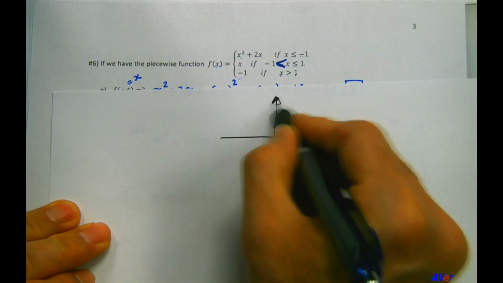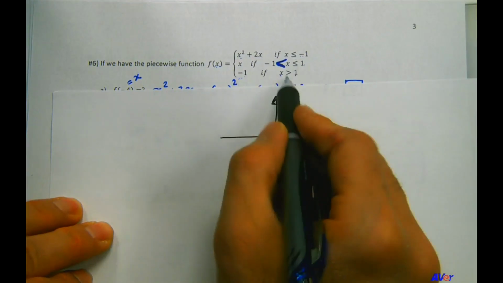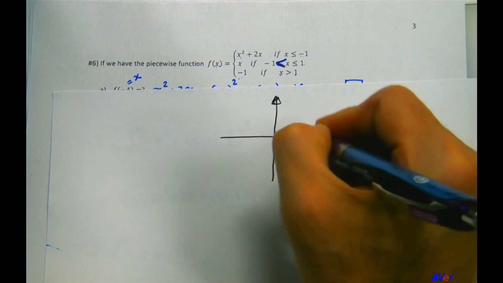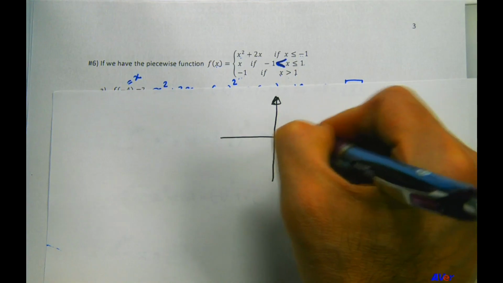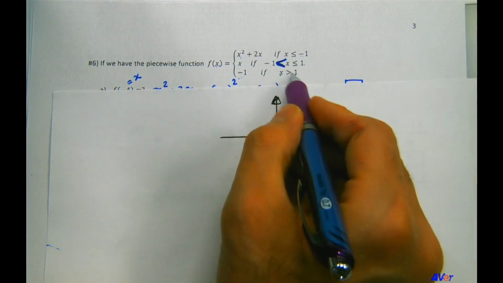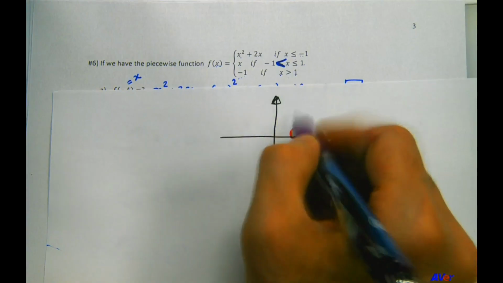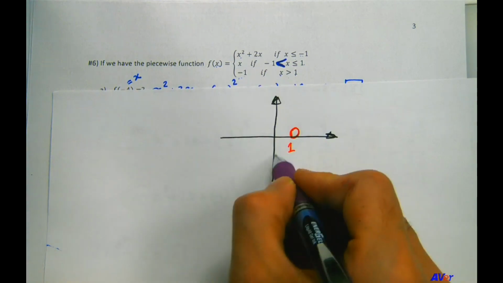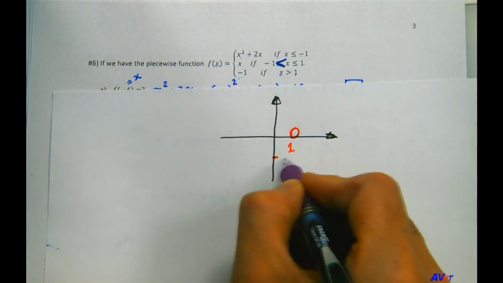So just for this piece, I'm going to draw the graph just for that piece. What that is saying is, for any x value greater than 1, suppose this is 1, and I'm going to put a hollow circle because x cannot be equal to 1 here, then the value of the function is equal to -1. So let's say that's -1.